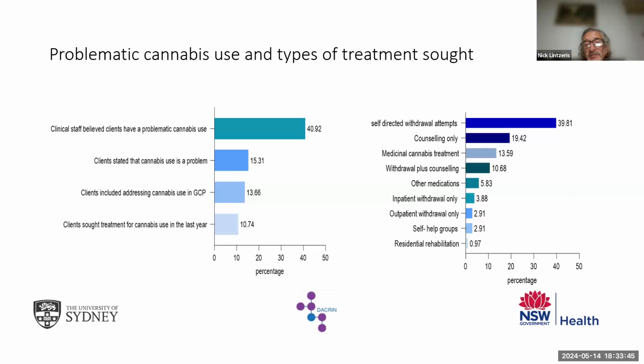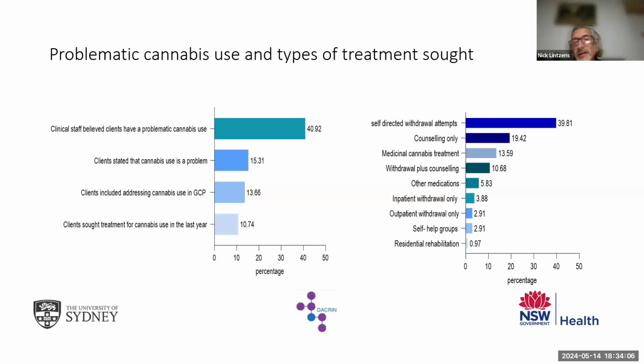And what proportion sought any treatment is down to 10%. So we as clinicians think almost half of our clients have got a problem. However, there are much lower rates of interest amongst our clients in doing something about it.